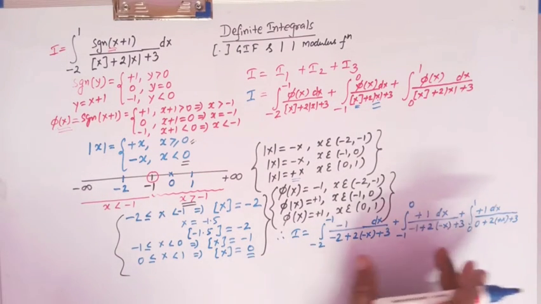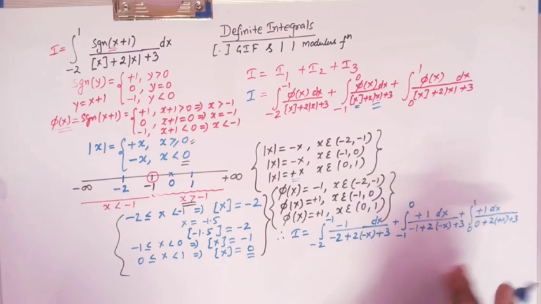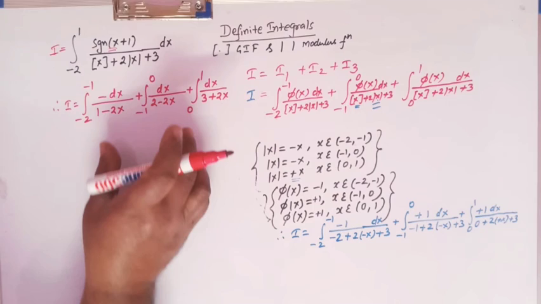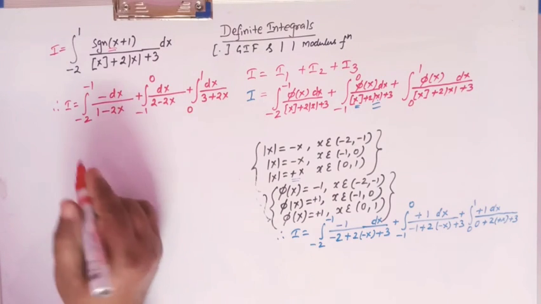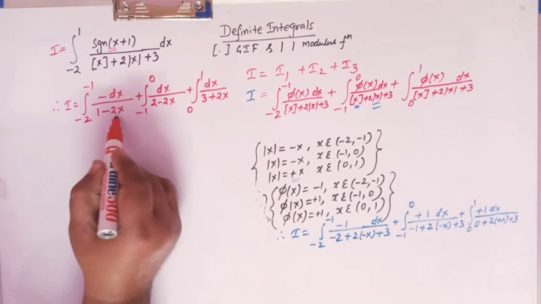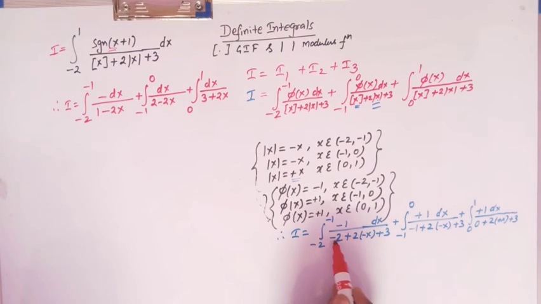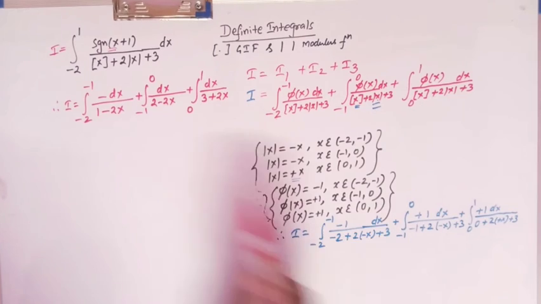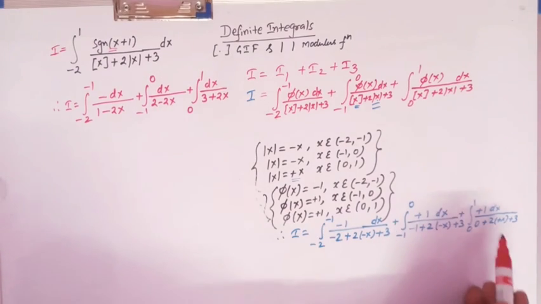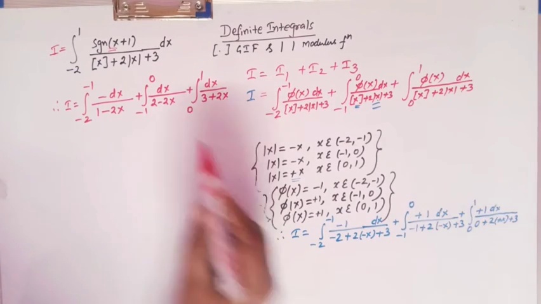So now these are the three integrals which we have to evaluate. So now viewers, we can rewrite these three integrals as these. So we have -2 to -1, dx over 1 minus 2x, because 3 minus 2 is 1, then we have 3 minus 1, 2 minus 2x, and then we have 3 plus 2x, right?